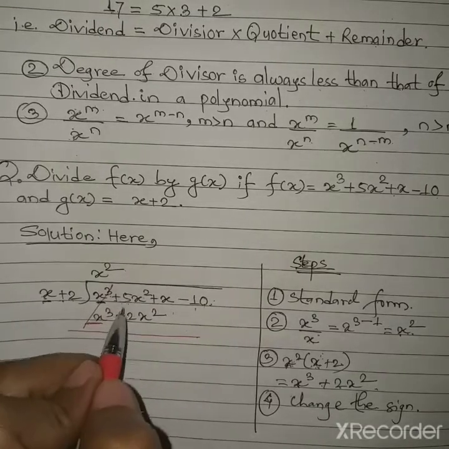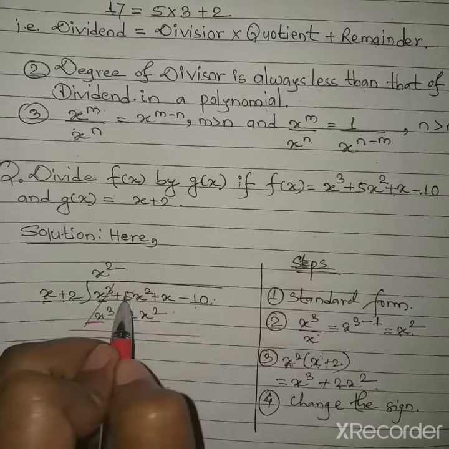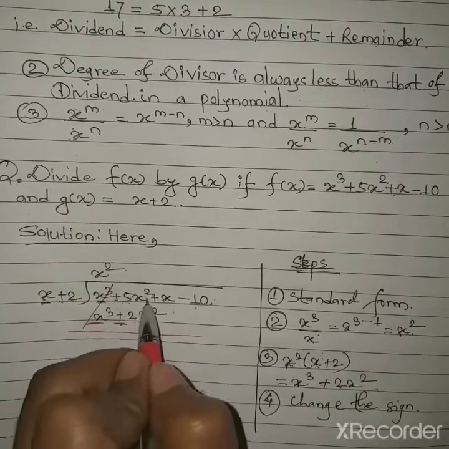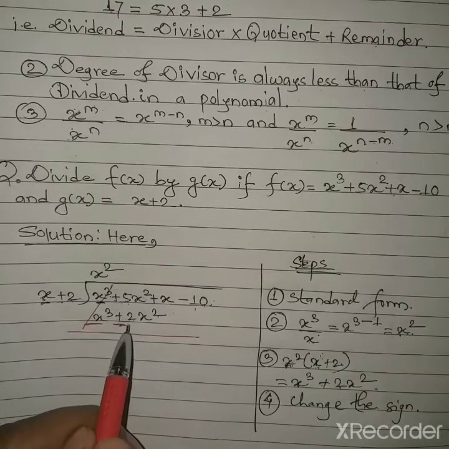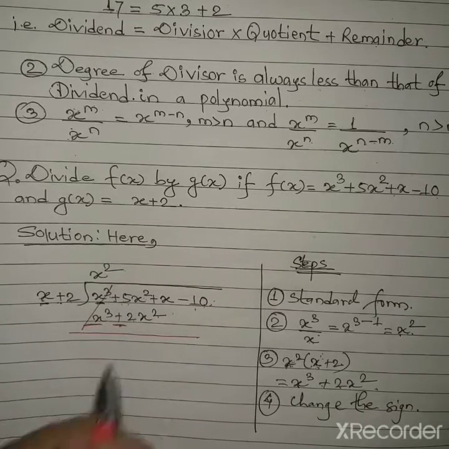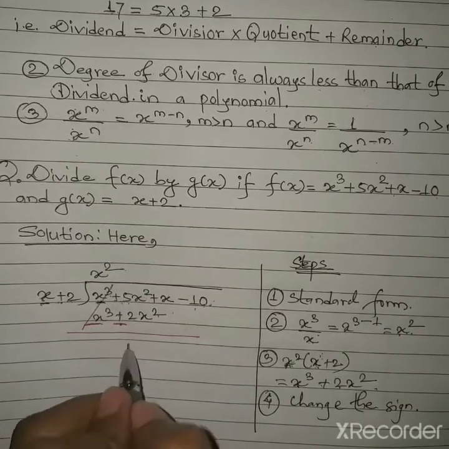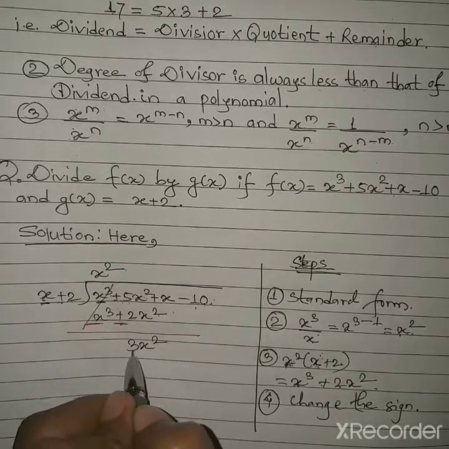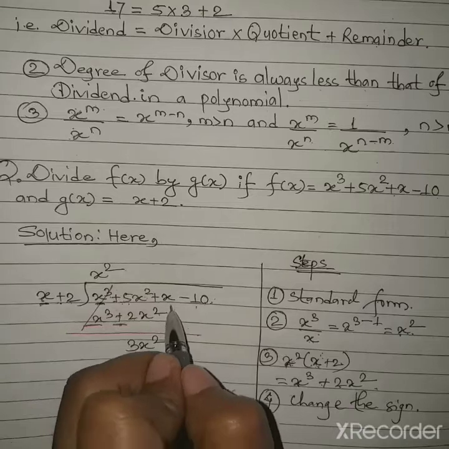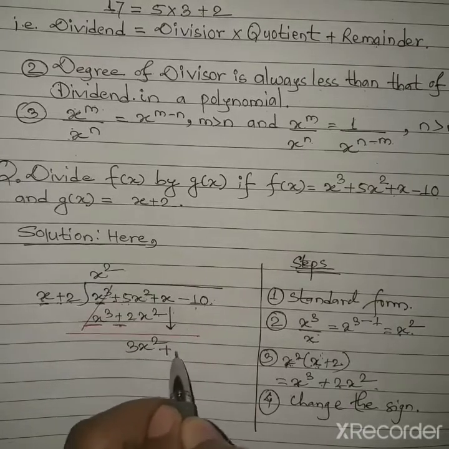So 5x square and 2x square are like terms, and when 2 is subtracted from 5, the result is 3x square. Since 5 is greater, it has a positive sign, so it's positive 3x square. Then the x comes down, so we write plus x.